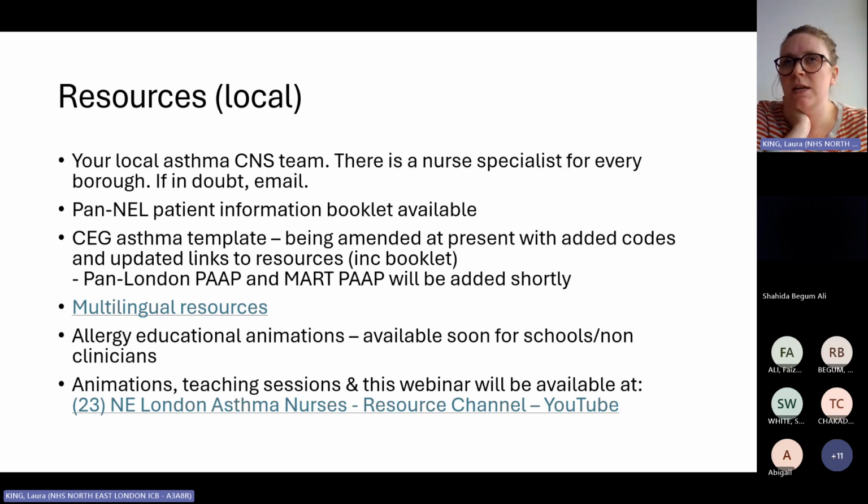If you're thinking about a trial of treatment as an objective test, you'd want to have it as a proper preventer, so you'd want to be doing MART rather than AIR. But you could absolutely ask your patient if they're doing a peak flow diary, for example, over a few weeks, to mark pre and post if they're using a dose of reliever.